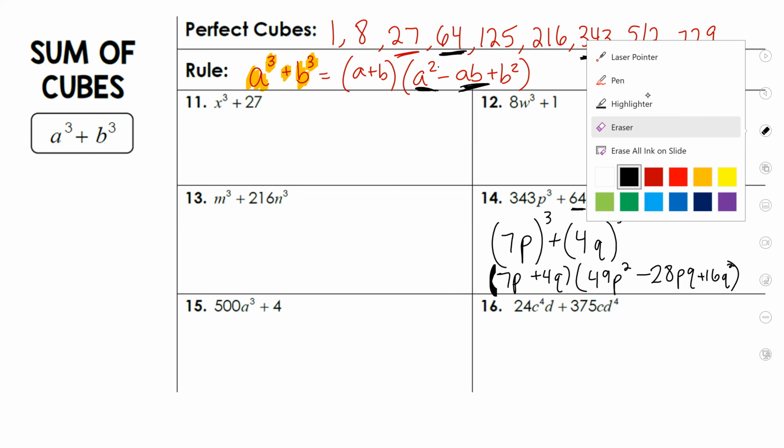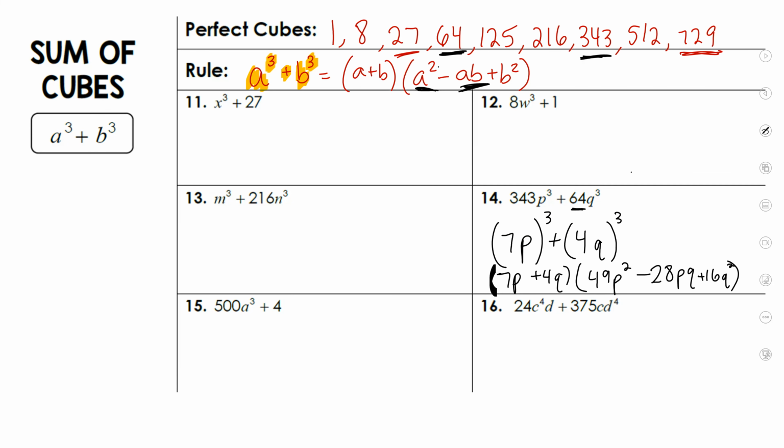Okay, number 15. First, what can these both be divided by? They can both be divided by a 4. Because guys, my goal is to get it to be one of these numbers. 4 is not up here. So I wouldn't be able to write this as a cube.